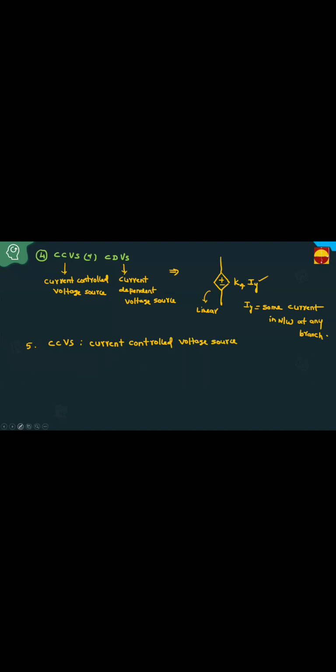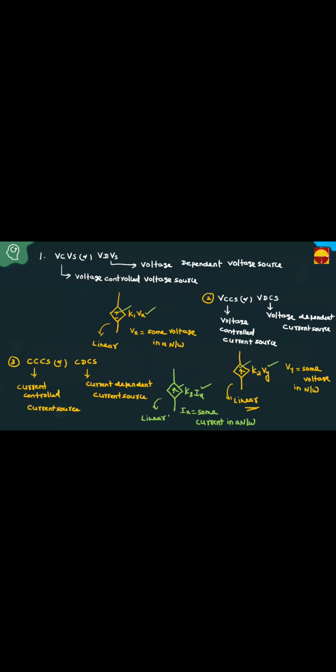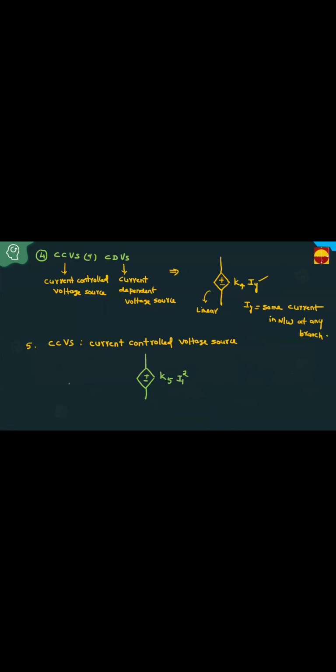For example, if the current controlled voltage source is given like this, it is a voltage source, plus minus, with a constant K5 times I1 square. This is also a current controlled voltage source.